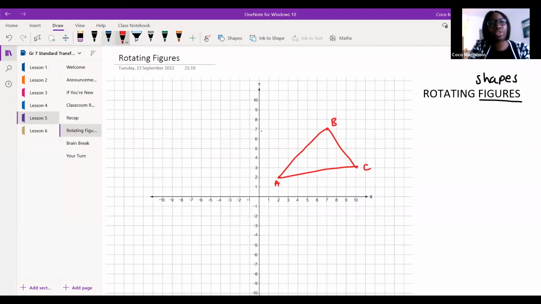So what we're going to do is rotate this shape 90 degrees. From where it's sitting, we're using this as our point. It's almost like, let's say there is a hook. Let me draw a hook quickly.